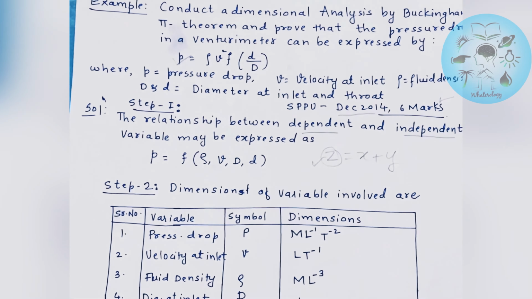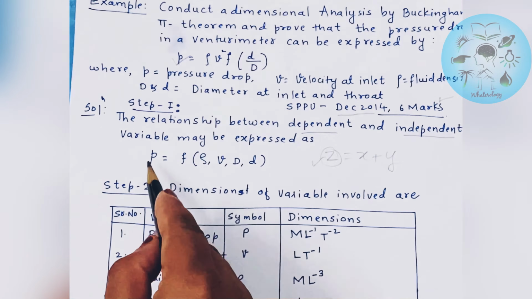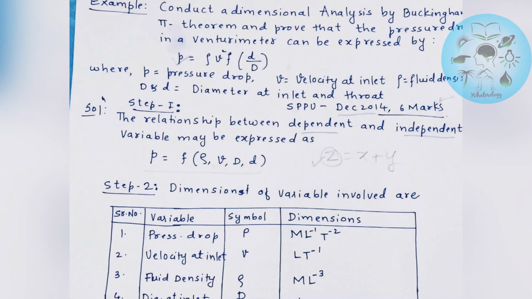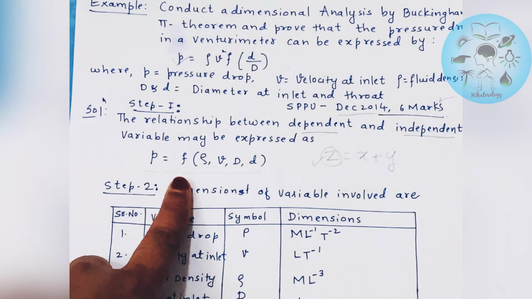So we will write the given statement in variable form. As per mathematics, the dependent variable is equal to a function of the independent variables. Here f is the mathematical term for function. So the first step is to write all the variables in function form, like this.